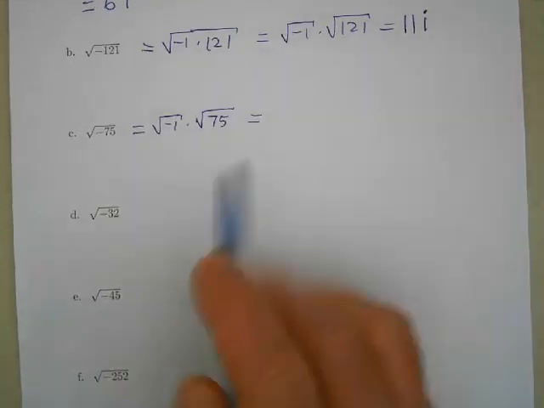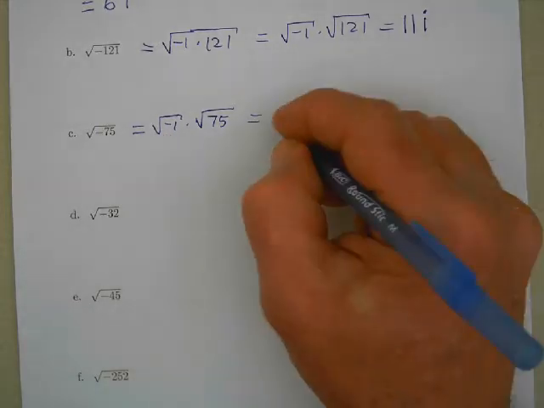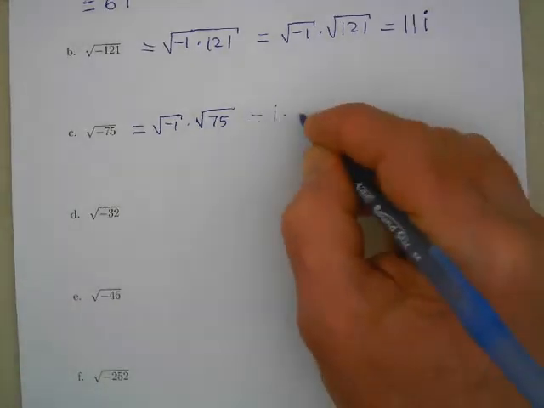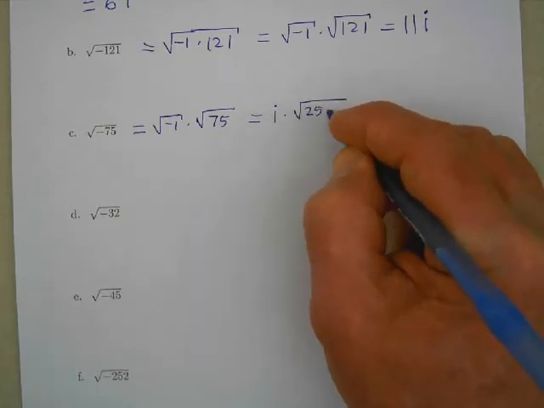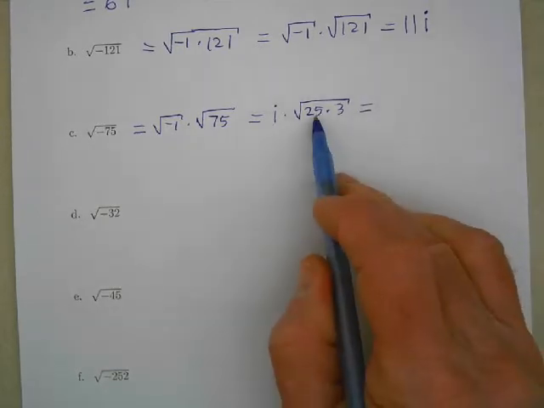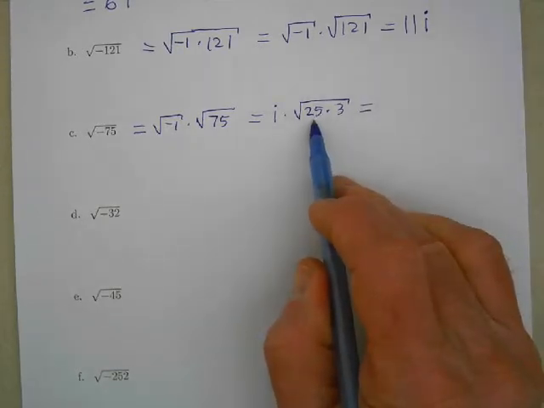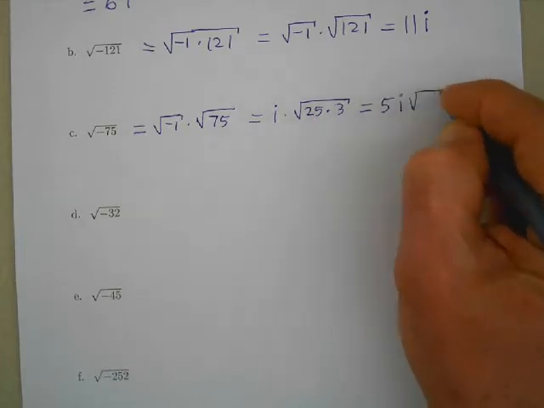So in the next step, I'll replace the square root of negative 1 with i, and we'll rewrite the square root of 75 as the square root of 25 times 3. And the square root of 25 is 5, so I'll just write this as 5 times i times the square root of 3.